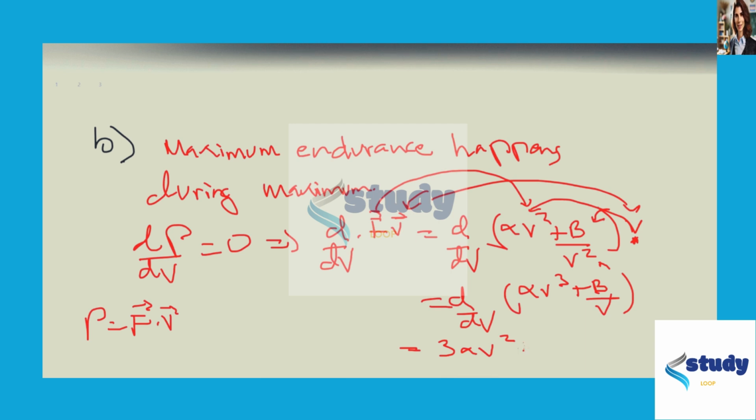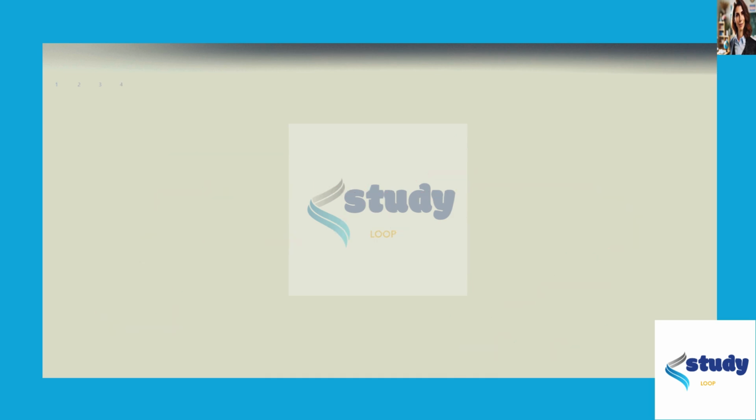So if we have this v right here, it's going to give us a minus, and then we have beta over v squared. In the next page, we end up with 3 alpha v squared minus beta over v squared equals 0. So we simplify that. We move one to the other side. So 3 alpha v squared equals beta over v squared.